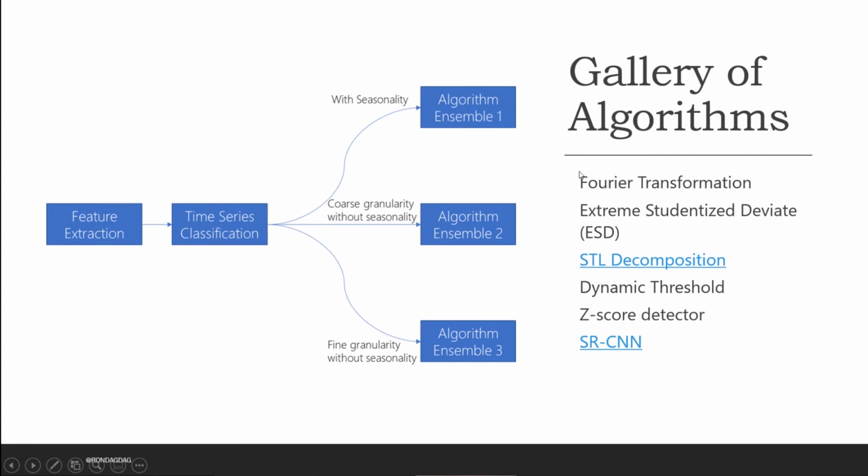If you ask me about all these algorithms, I don't know how to implement those, but anomaly detector helps me without knowing the different algorithms. It automatically figures out if your data has seasonality or not, and if it needs fine granularity. That's how it helps me reduce complexity.